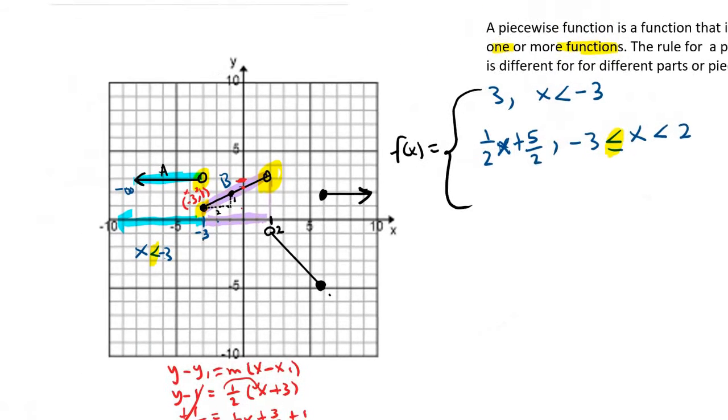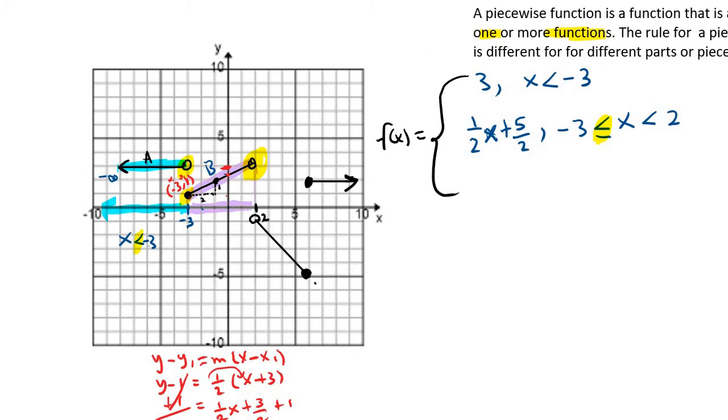Now we go to another section of the graph, part C. I want to highlight that in yellow. And the domain, I want to highlight it on the number line on the x-axis, also in yellow.